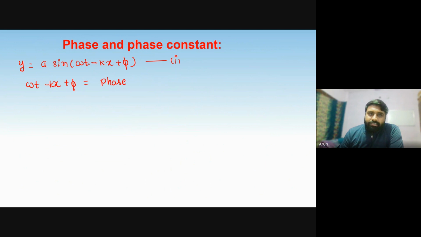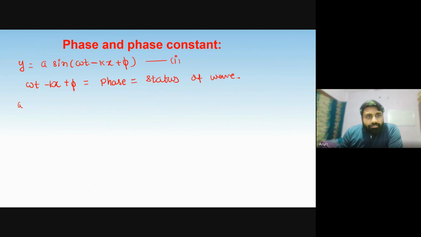It tells about the status of a wave, specifically the position status of a particle in its wave motion. Got it?